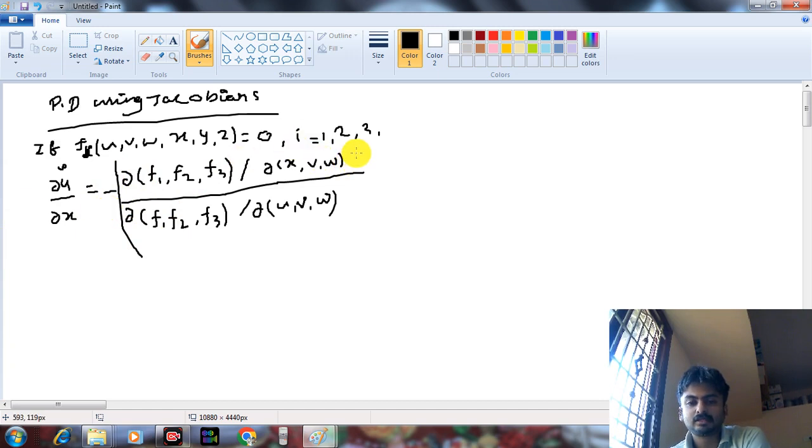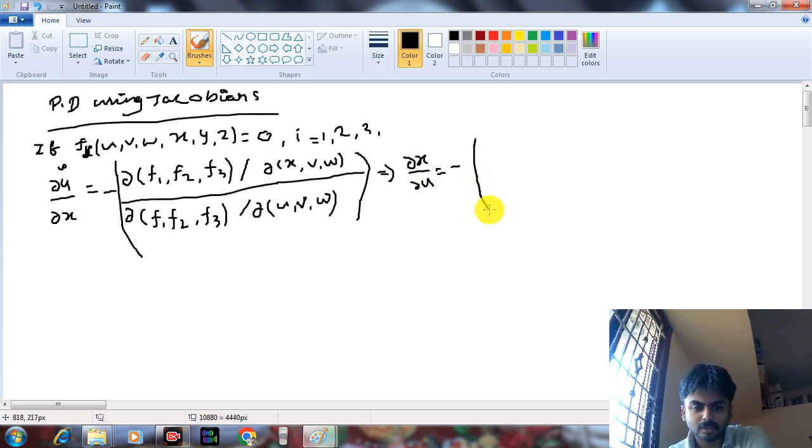Next, if I want to find the reciprocal of this, then we can find ∂x/∂u also. So ∂x/∂u is equal to, then also we will have minus of the numerator. This whole term will become our numerator.